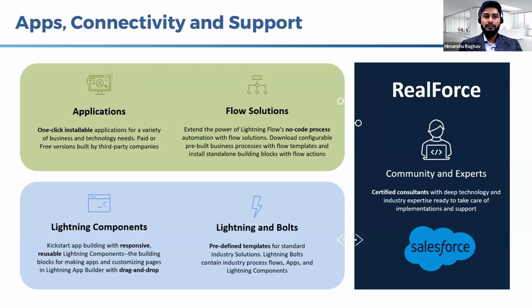Then the other connectivity that we provide are the flow solutions. So the flow basically works on the principle of no code process. These are drag and drop tools that are provided there. For example, you need to update a field on account from in process to approved. If you go with the coding logic, then you need to write a code of around 20 to 25 lines, and you need to do the unit testing and write the test classes.